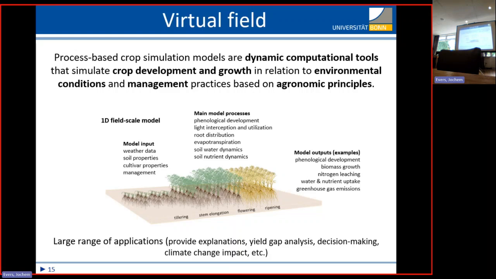And to run the model, you need weather data of that site, the soil properties, then you need some information about the cultivar and the management. It simulates processes like the light interception and utilization, root distribution, evapotranspiration, and soil water and soil nitrogen dynamics, nutrient dynamics, but mainly nitrogen. And then the good thing is that you get a lot of outputs that are hard, or some of them are hard to measure.